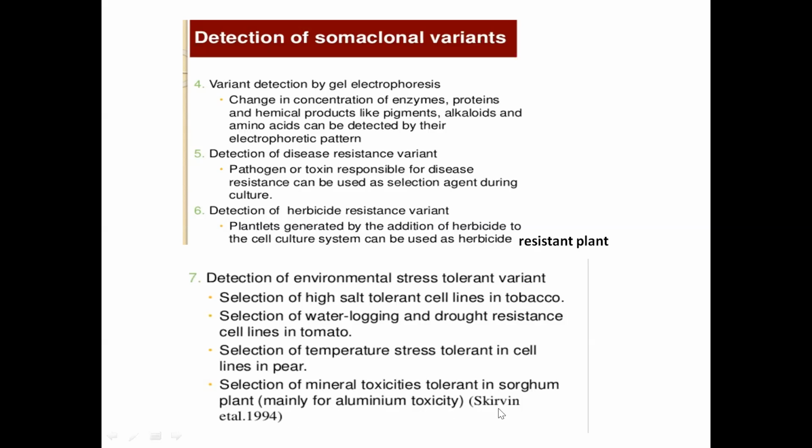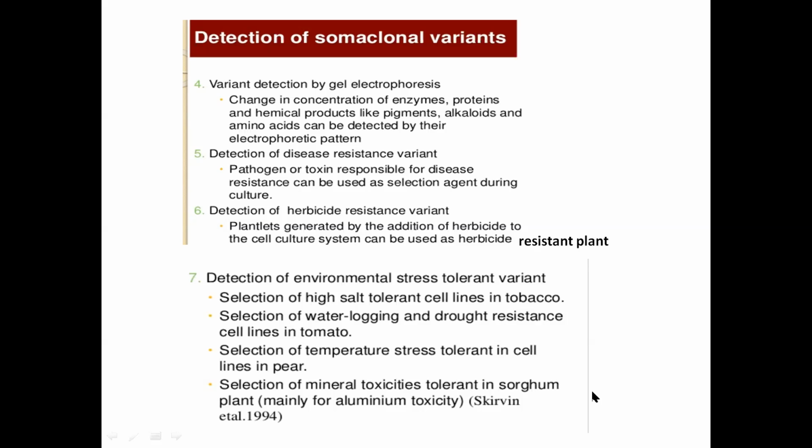So wherever you have places which cultivate a lot of sorghum and which have aluminum ore, the mineral aluminum in the soil, they can be at an advantage to raise such mineral toxicity tolerant varieties.